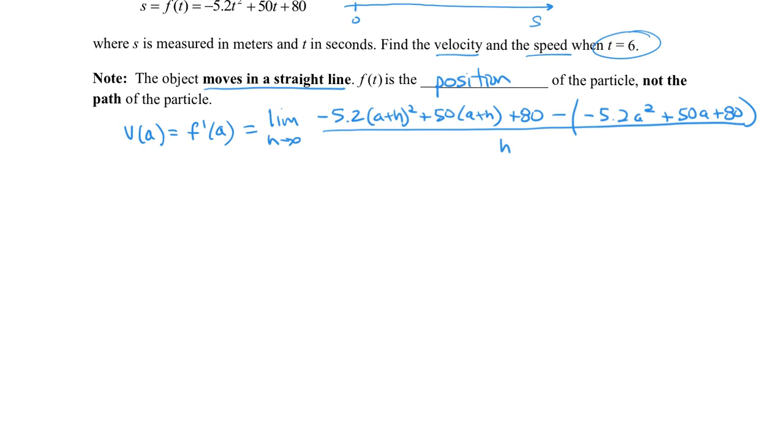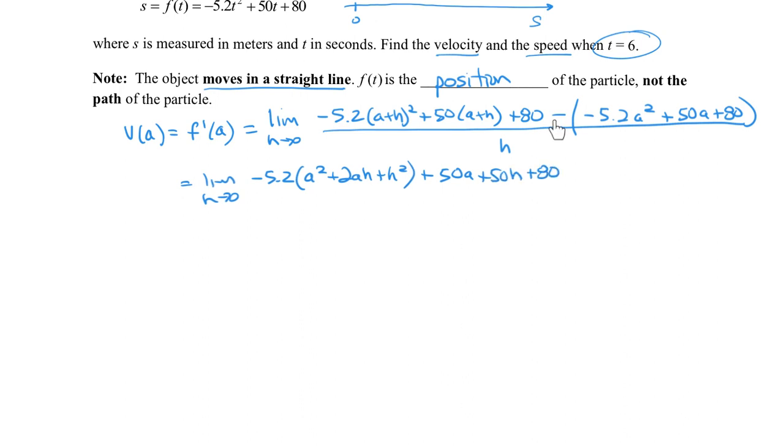So this is going to be equal to the limit as h approaches 0 of negative 5.2, and if I expand the a plus h squared, I get a squared plus 2ah plus h squared. If I distribute the 50 through, I get plus 50a plus 50h plus 80.